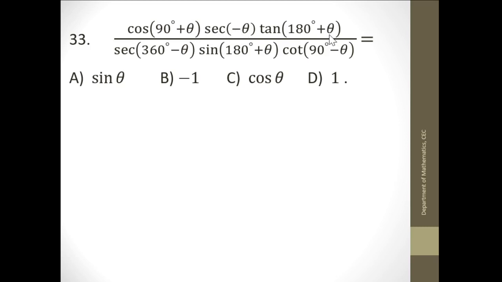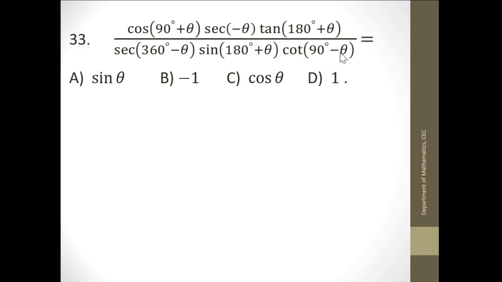Tan of 180 plus theta is tan theta, because in third quadrant tan is positive. Secant of 360 minus theta, again 360 you can remove, periodic, therefore secant of minus theta is secant theta, fourth quadrant. Sin of 180 plus theta, 180 means full, plus theta means third quadrant, sin is negative, minus sin theta.